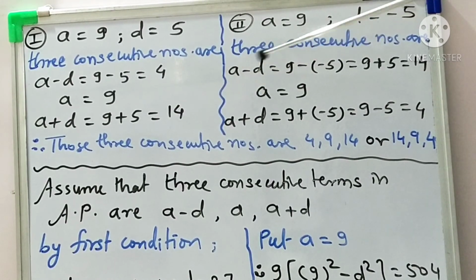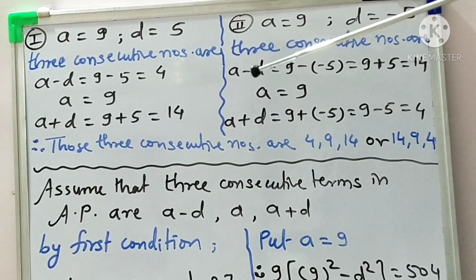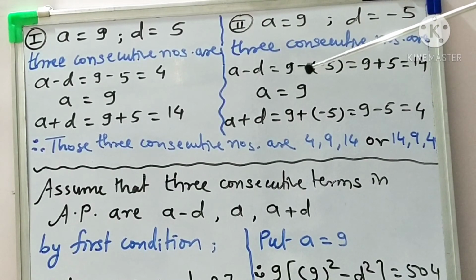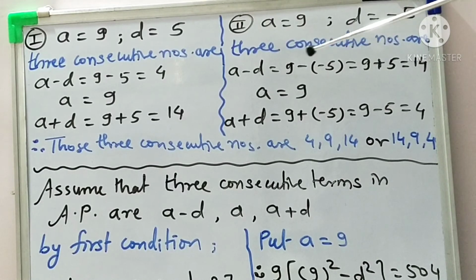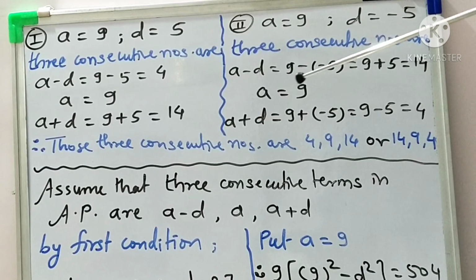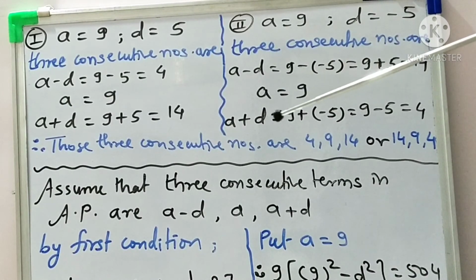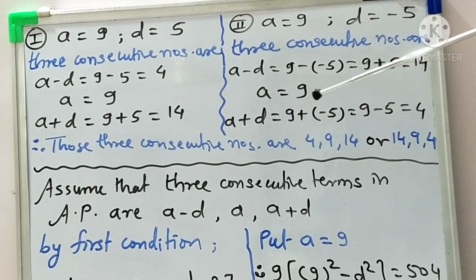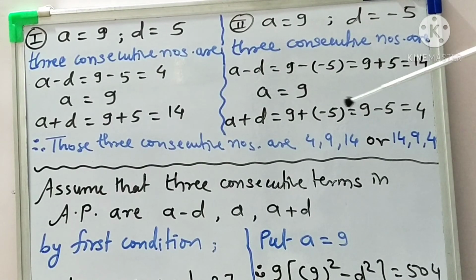Okay, and if d is minus 5, a is the same as 9, then three consecutive numbers are a minus d, means 9 minus of minus 5, and according to the rule of signs, minus minus product is plus, so 9 plus 5 is 14. a is 9 as it is, and a plus d means 9 plus that minus 5, and here the same rule of signs, plus minus product is minus, so 9 minus 5 is 4.